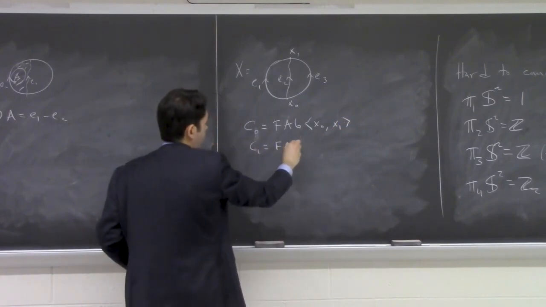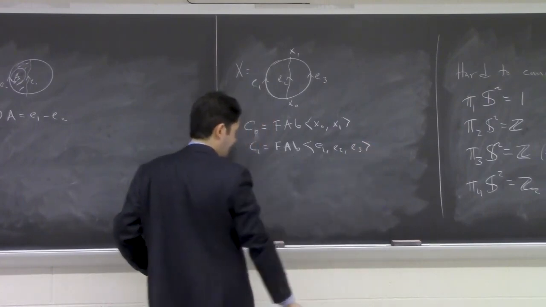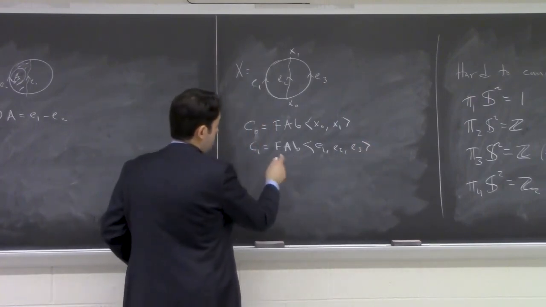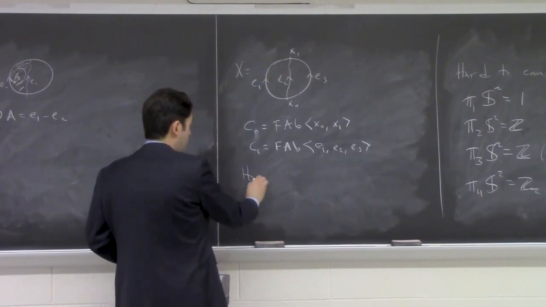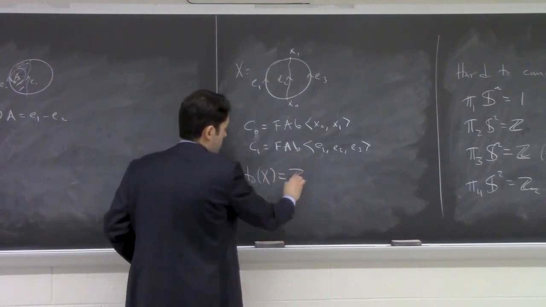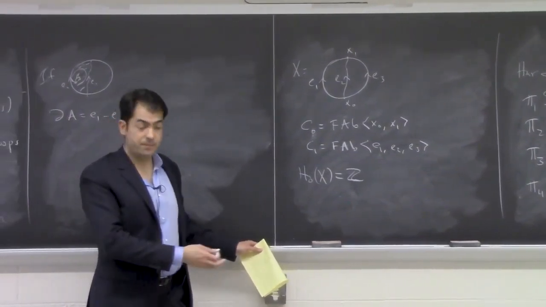C1 would be the free abelian group on E1, E2, E3. So H0 is just Z to the number of path components. It's a path connected space, so it's Z.